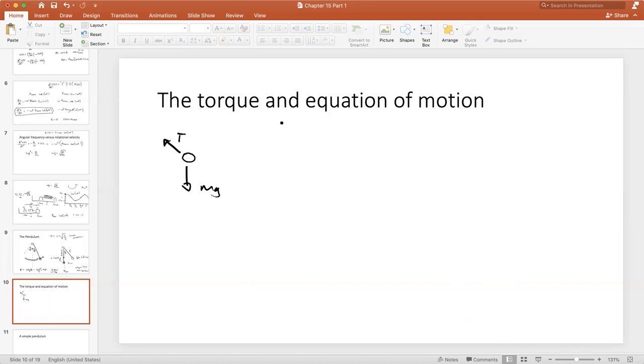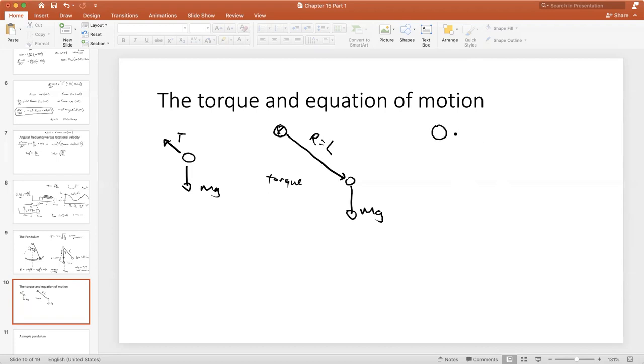Instead, let's look at the torque. The axis of rotation lies at a distance, I'm going to call this r, but this is equal to L. And the force acting on our mass is mg down. There's a tension back along here, but for the torque, that doesn't matter because it's parallel to the axis of rotation, or in the radial direction. R and tension are parallel, so we don't care about it.